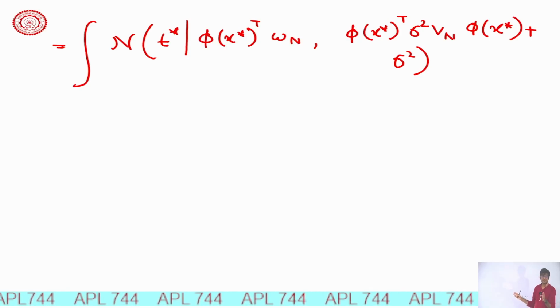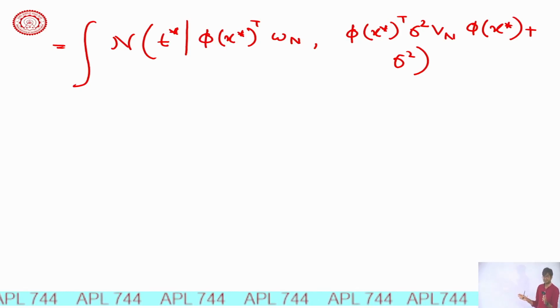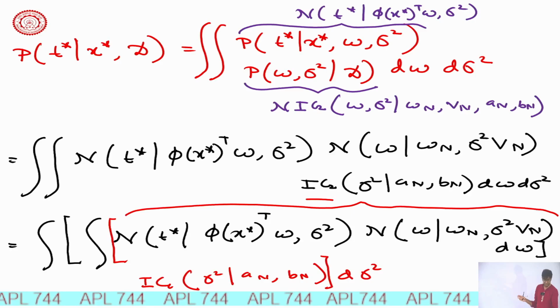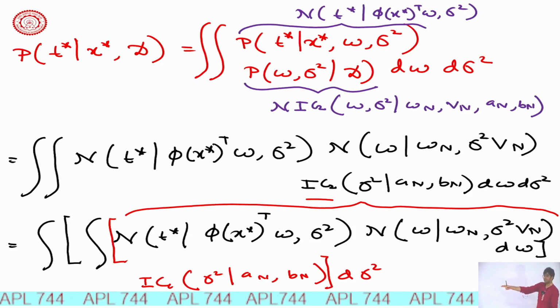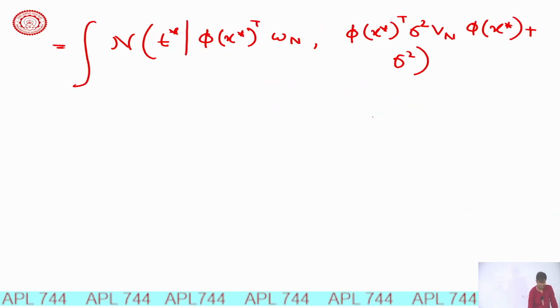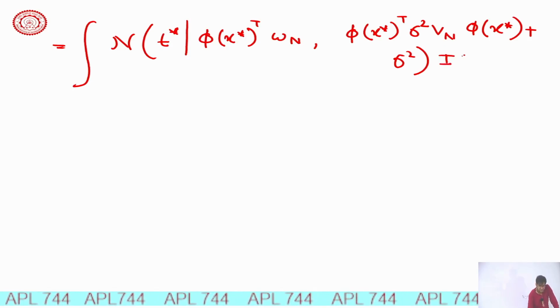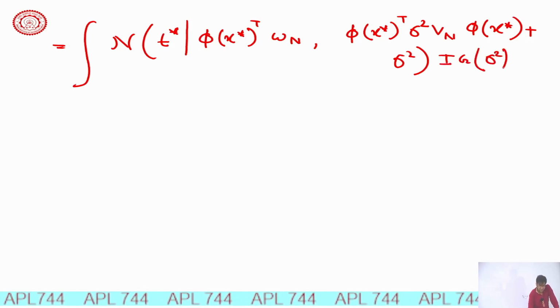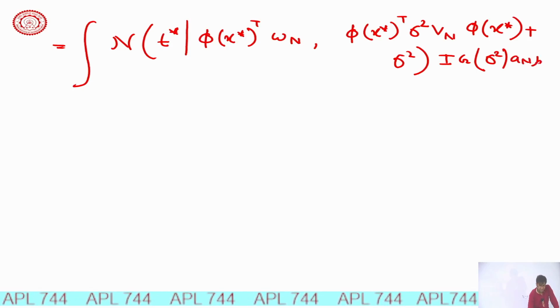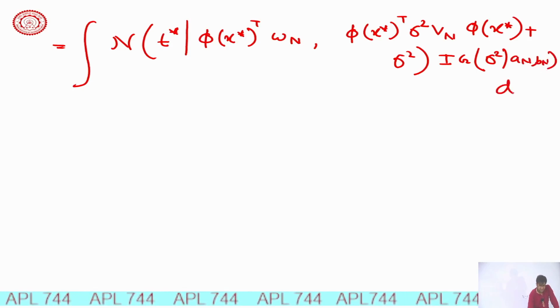This is the inner integration. And what is remaining? Inverse gamma. So that should also be there now. Inverse gamma, sigma square given An comma Bn d sigma square.